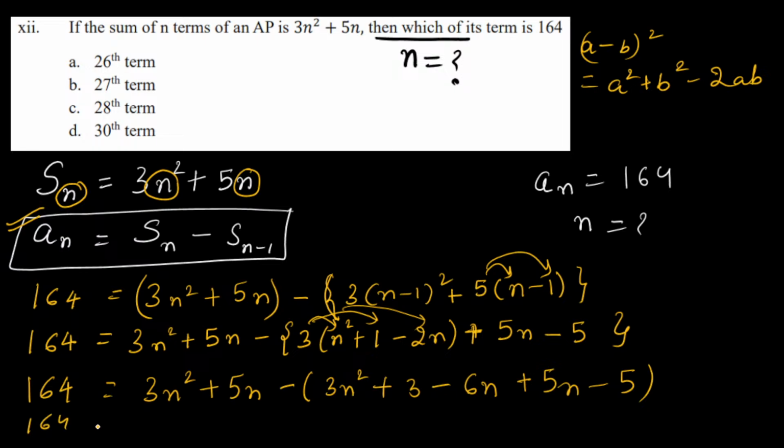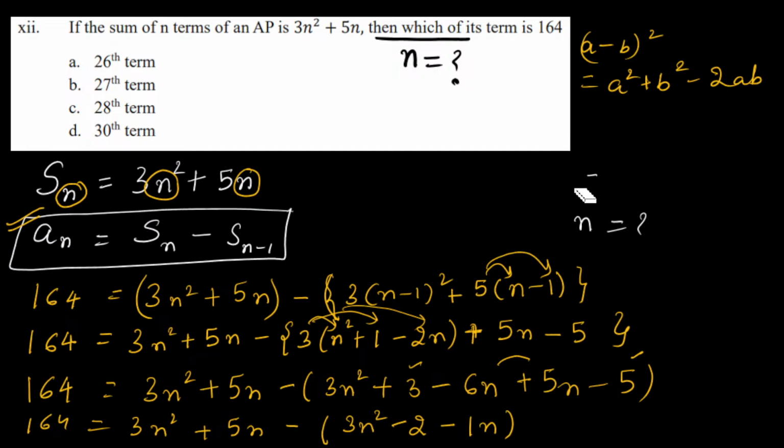So 164 is equal to 3n square plus 5n minus, 3 minus 5 are like terms, so 3 minus 5 is minus 2, because plus and minus gives minus, with the sign of the greater number. And minus 6 plus 5 is minus 1, again the sign of the greater number. So minus 1n, or minus n, you can write.